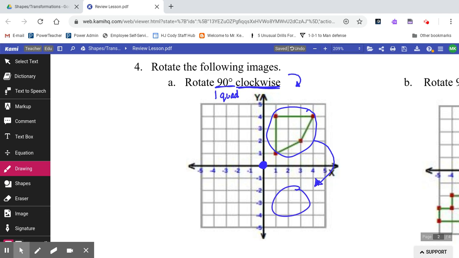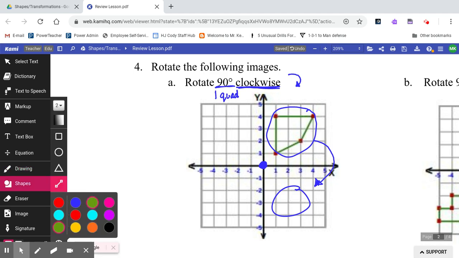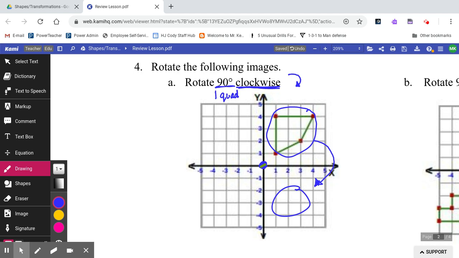So it should be somewhere in here. To do that, you take a piece of paper, you put it on top of your picture, you trace your picture, then you put your pencil right in the middle, right where this big red dot is. Put your pencil right on that spot, and you spin your paper one quadrant so it's over here.